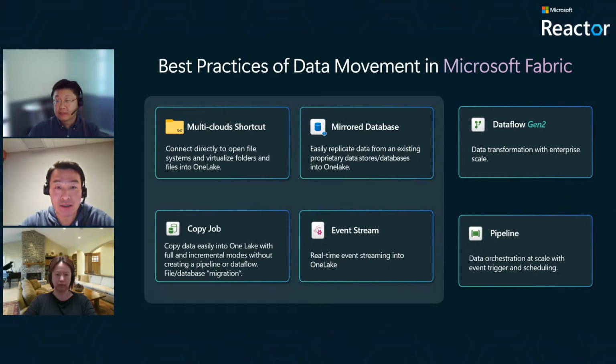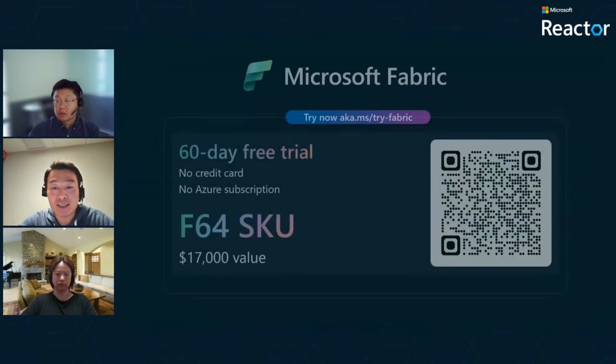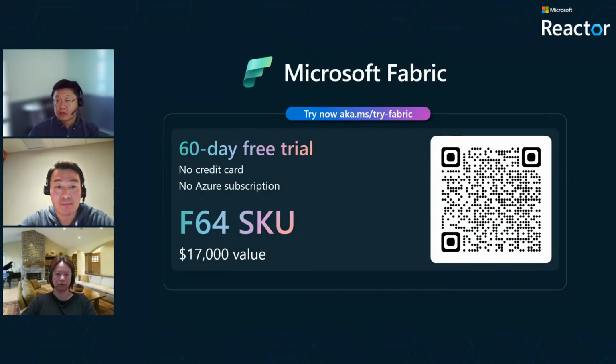So next slide. No matter which approach you choose in your scenario, all these roads lead to OneLake. The next slide is just to close the session for today. If you have not ever tried Microsoft Fabric, please go ahead and try. We have offered a very generous 60-day free trial for you, so please try it out.